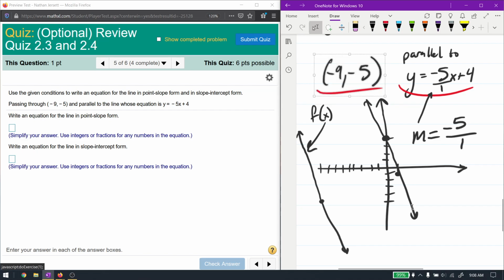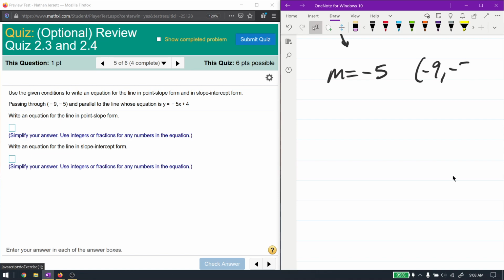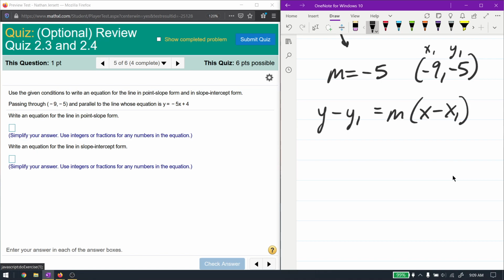We can use the point-slope formula to find the equation of this line. So we have m equal to -5, and our point is -9, -5. This is going to be x1, y1. We get y minus y1 equals m times x minus x1. This is the point-slope form, just in case you don't remember it.